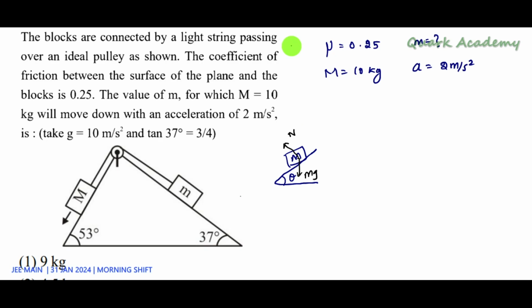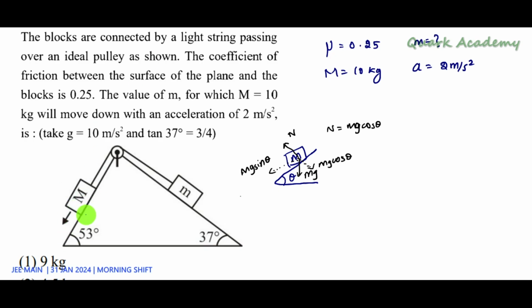If we take the components of this mg, then in this way, mg sine theta will act, and opposite to the normal force, mg cos theta will act. So here, the normal force is going to be mg cos theta. These are initial things which we need to know. So the same thing I'm going to apply here.